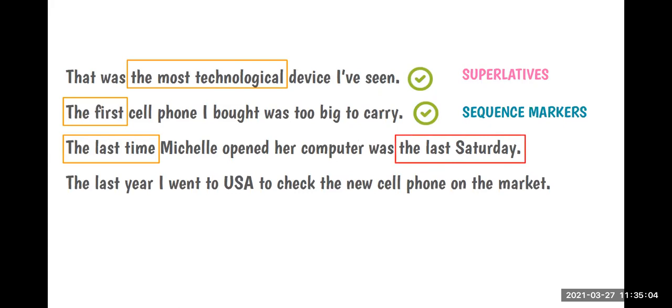We say last week, last month, but we don't say the last week, the last year, the last Saturday. Remember that when we are using these time expressions, we don't say the, just for sequence markers, okay? But not for these time expressions in the past. So this sentence is not correct.